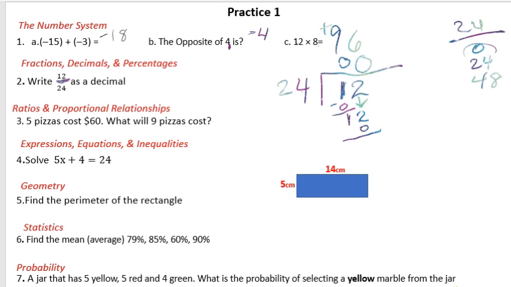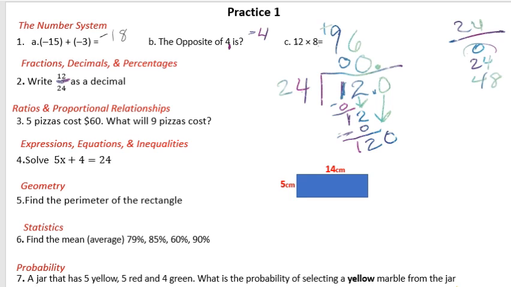Now I'm out of numbers here. So at this point you're going to put a decimal at the top. The decimal goes at the end, and then you're just going to add a 0 and bring it down. So now you have 120.